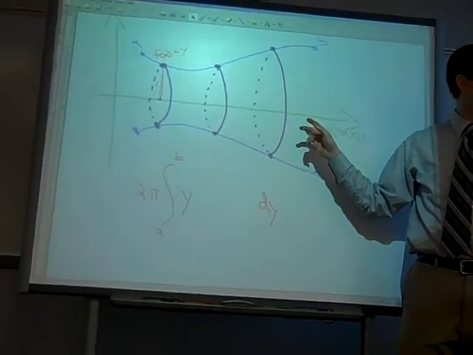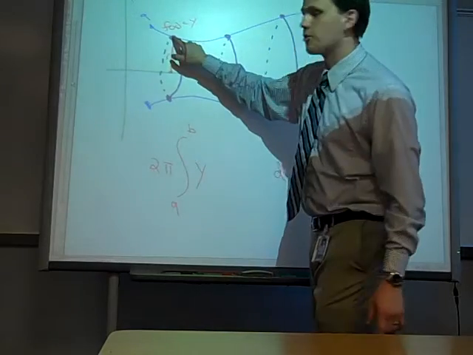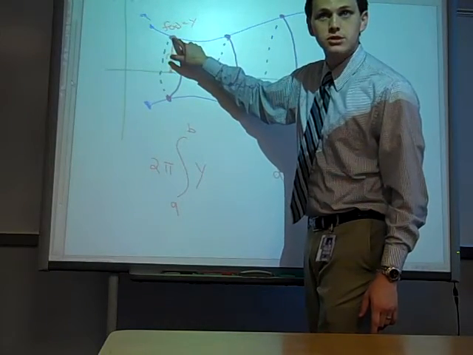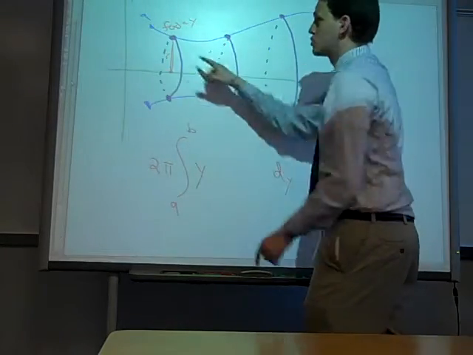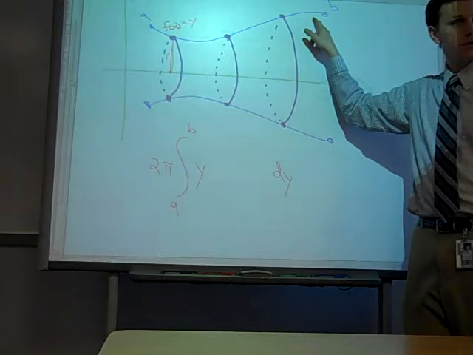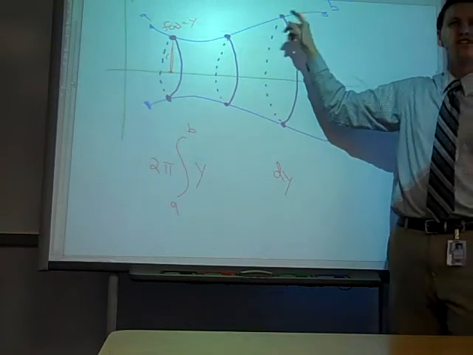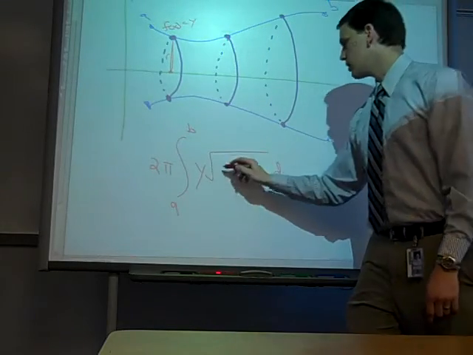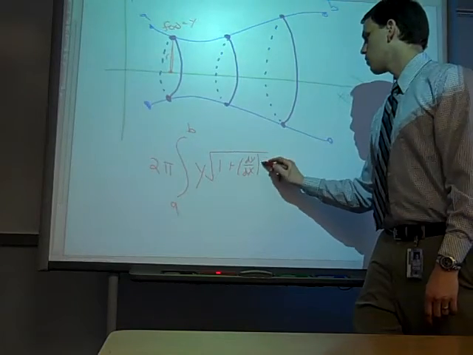The arc length. Exactly. So think about the point of the circumference. The distance that this point travels is not the distance from A to B, like in a straight line along the x-axis. It's really the distance along the curve. Does that make sense? Sort of? So that's the idea here. So the arc length formula comes in. You're left with the square root of 1 plus dy dx quantity squared.